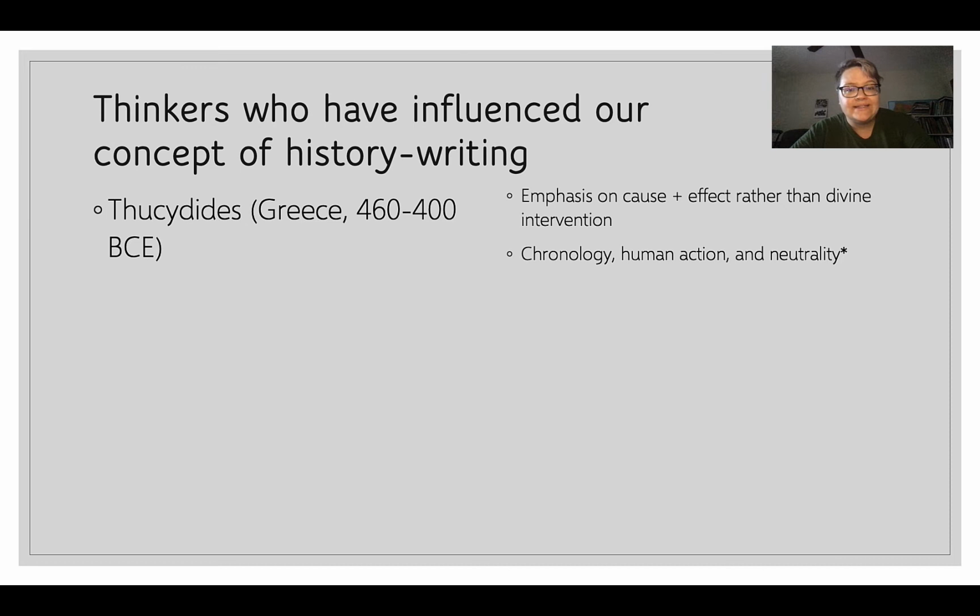Thucydides in ancient Greece wrote the Peloponnesian War, and he emphasized cause and effect in that account rather than telling it in terms of divine intervention and whose side the gods were on. He also tried to make use of chronology, human action, and a neutral perspective. And there's an asterisk next to that because he doesn't quite achieve it. He is Athenian and he tries to be fair to the Spartans, but there are times when his bias leaks through. You can see it.